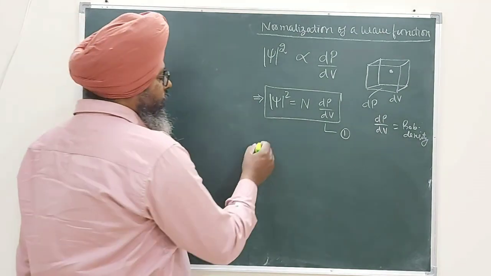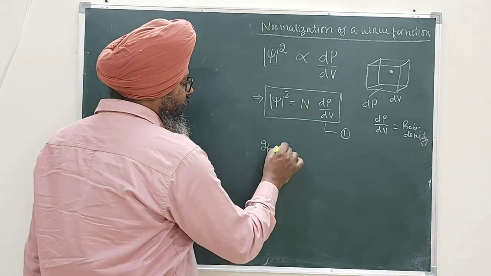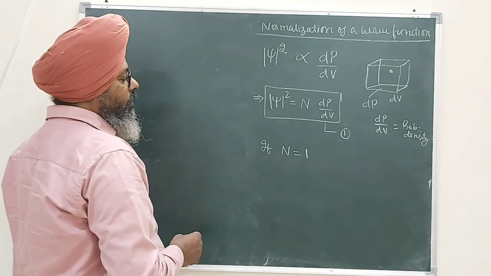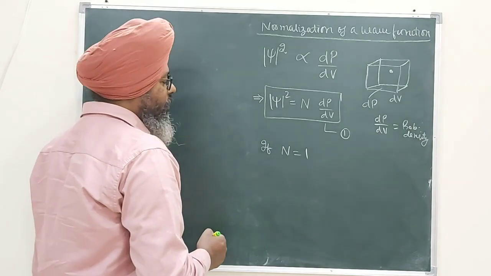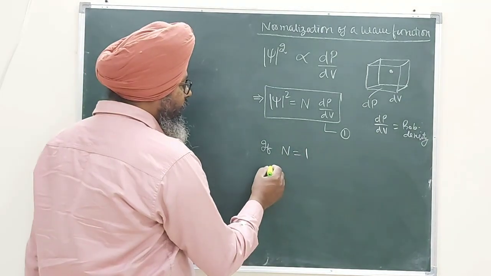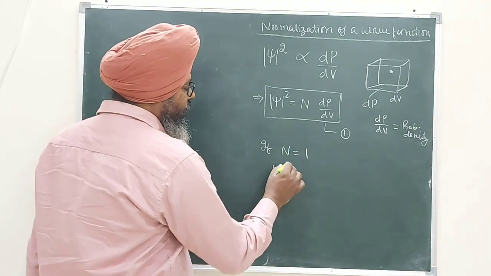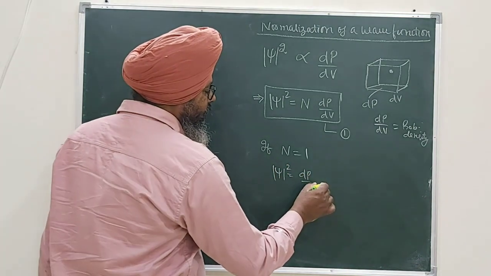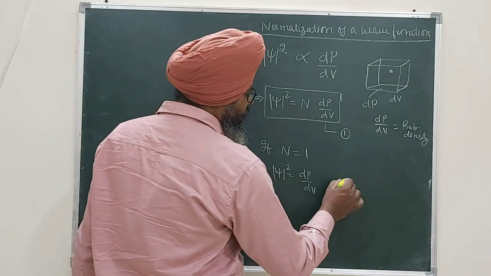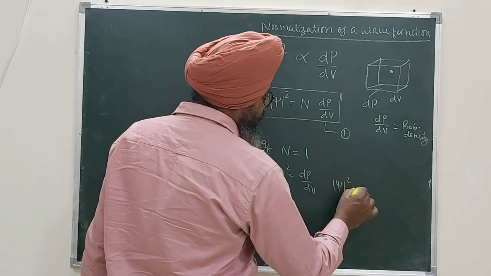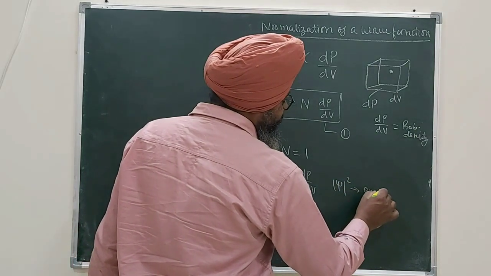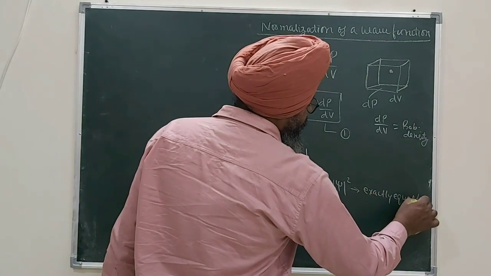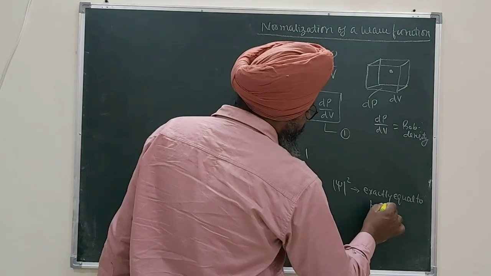Moreover, if this value of N is equal to 1, then equation 1 will become psi magnitude square is equal to dP by dV. That is, psi magnitude square will be exactly equal to probability density.